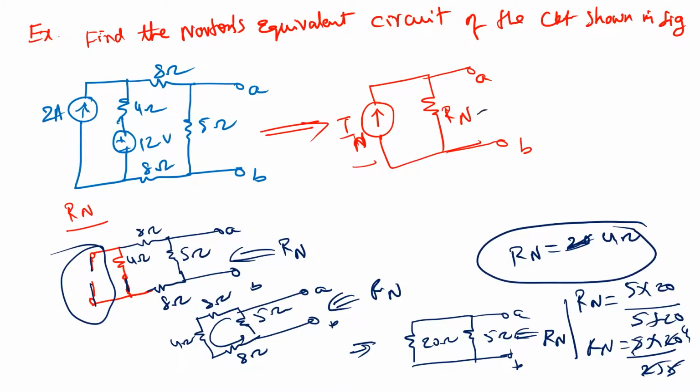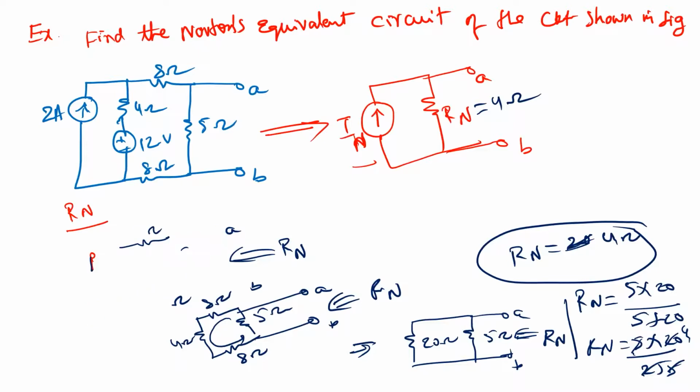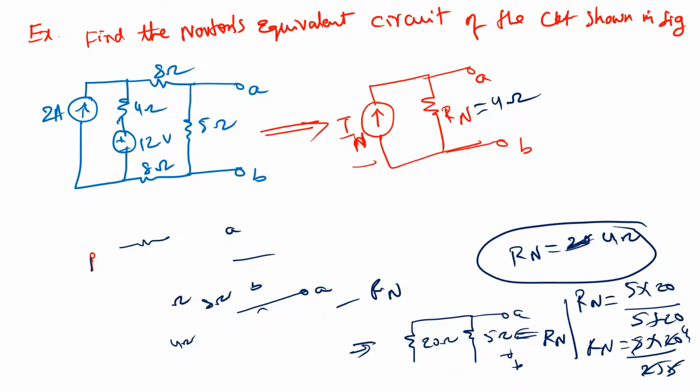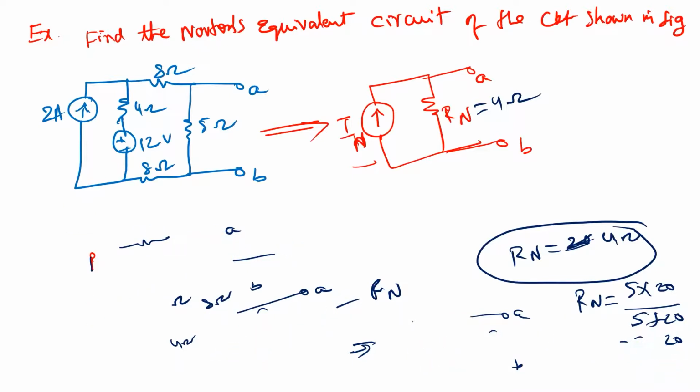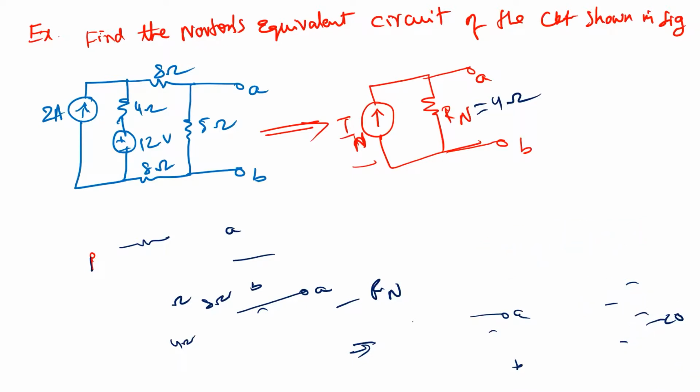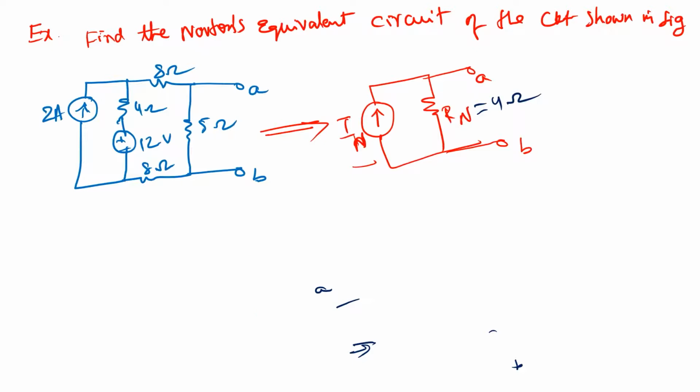So now you got a 4 ohm here. Now I have to find the IN, Norton current. How am I going to find the Norton current? So let me just erase it. So I am going to find this IN.